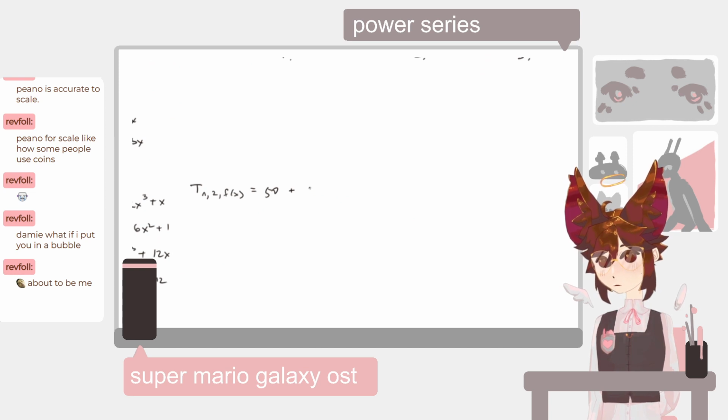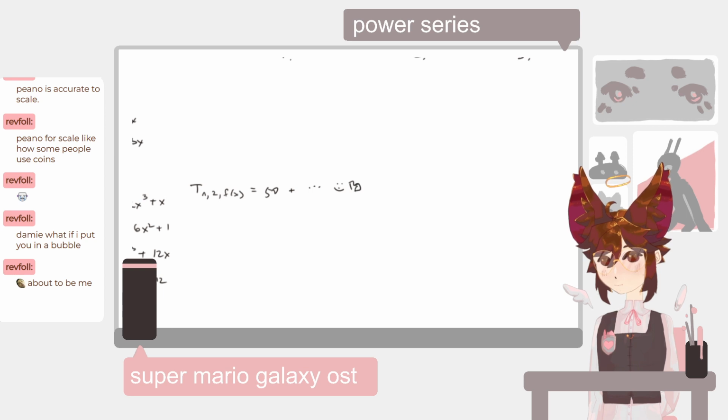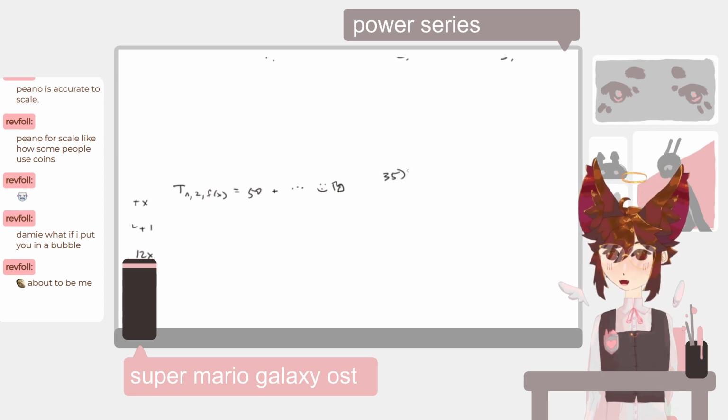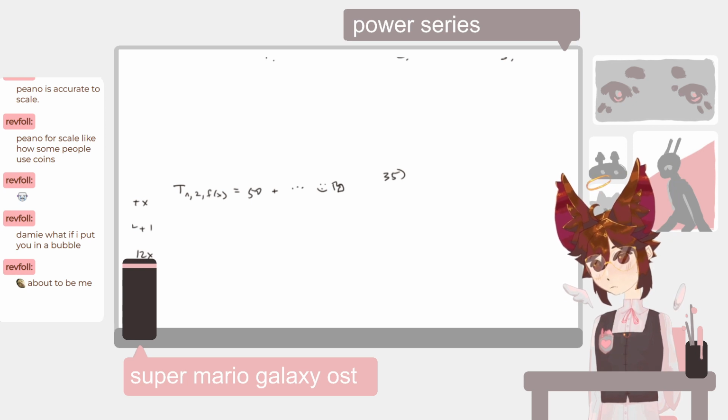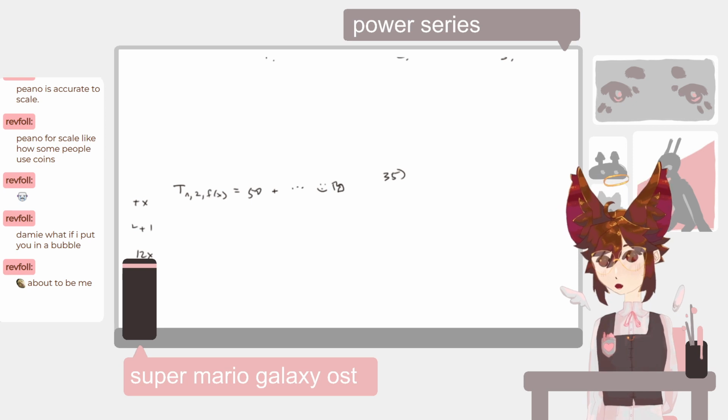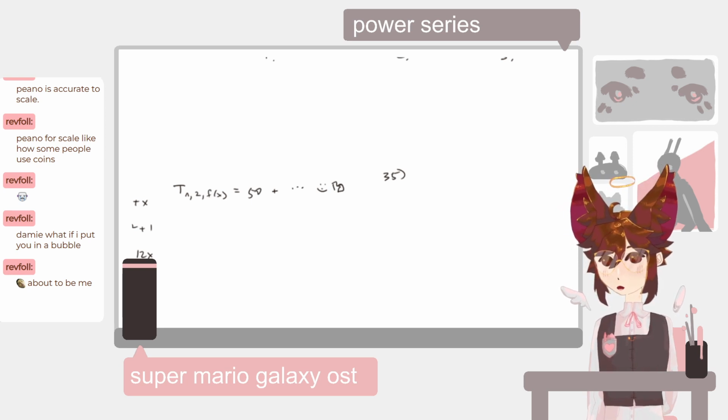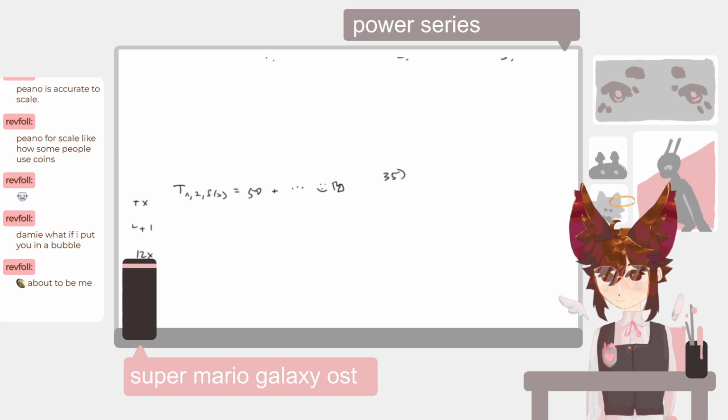I'm just gonna put a smiley face. Thumbs up. Awesome. 35. Use the Maclaurin series in table 1 to obtain the Maclaurin series for a given function.